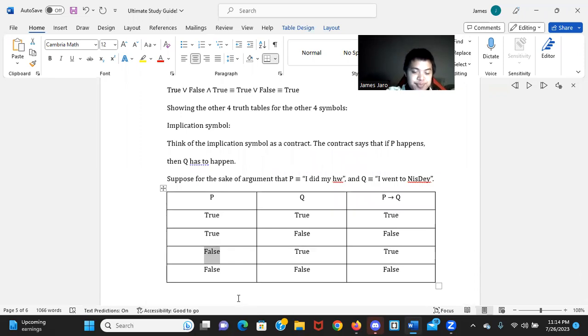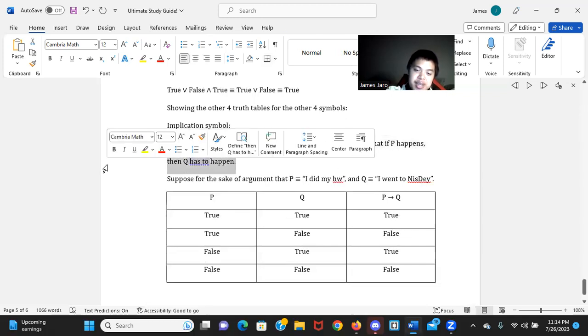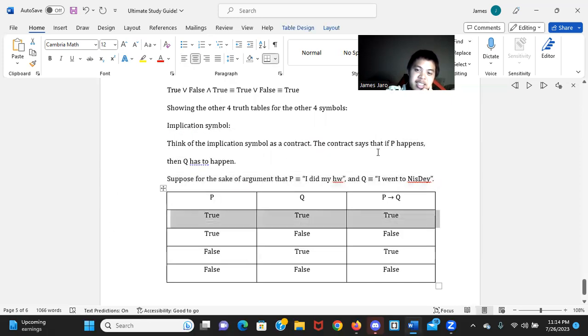Remember, the contract says that if P happens, then Q has to have happened, but it doesn't say what happens if I don't do P. Nowhere does this contract say that if you don't do your homework, then something bad or something good happens. So technically the contract holds, because it never stated what happens if I don't do my homework. So it actually turns out that when you have false implies true, it's a true statement.